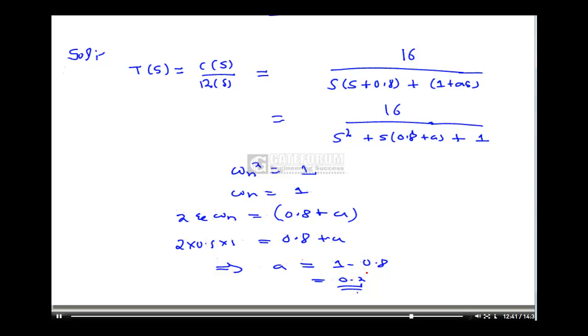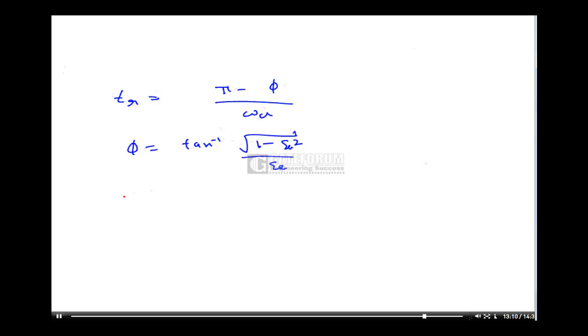Now with this value of A, for the second order system with a step input, I have to find the rise time and the maximum overshoot. The rise time Tr is equal to pi minus phi upon omega d. Phi is equal to tan inverse of under root of 1 minus zeta square upon zeta. Omega d is equal to omega n under root of 1 minus zeta square.